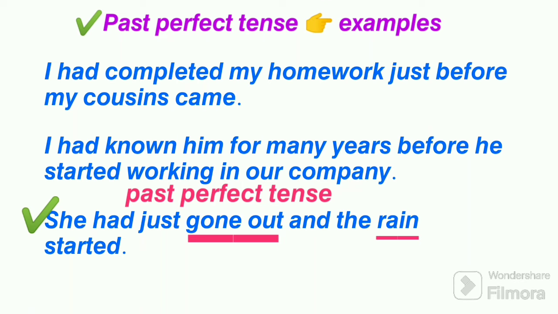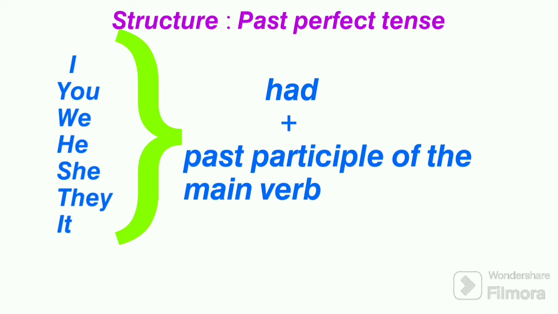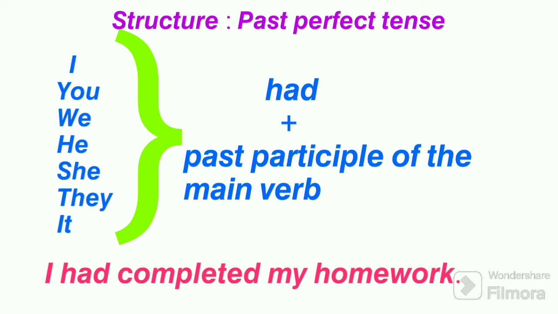the rain started later. The structure of past perfect tense is actually very simple because with all these subjects, we need to add the auxiliary verb had and then the past participle of the main verb. For example, I had completed my homework.